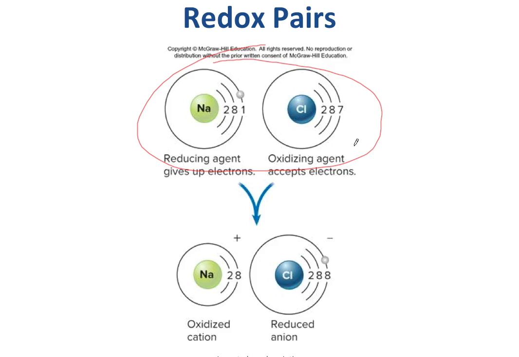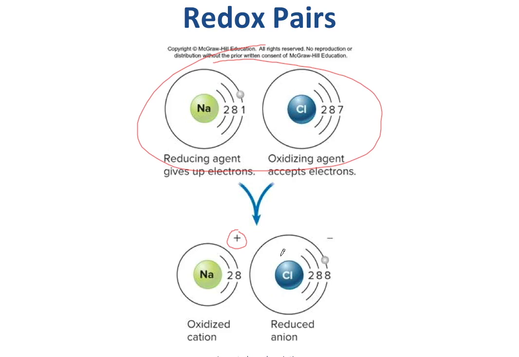For example, in the formation of the salt sodium chloride, the sodium atom will lose one electron. So the sodium atom will be positively charged. This is oxidized, and it becomes a cation. It donates the lost electron to the chloride.